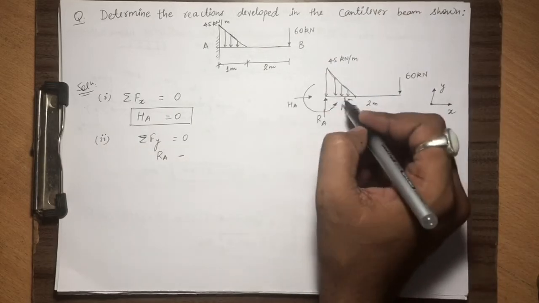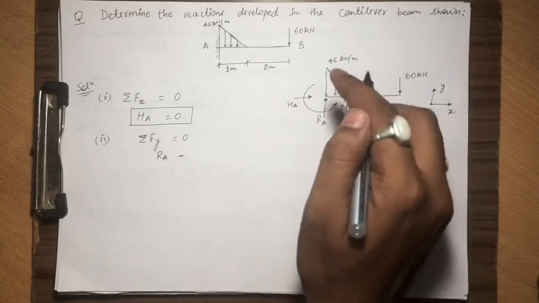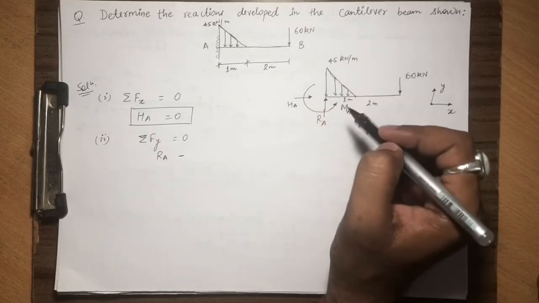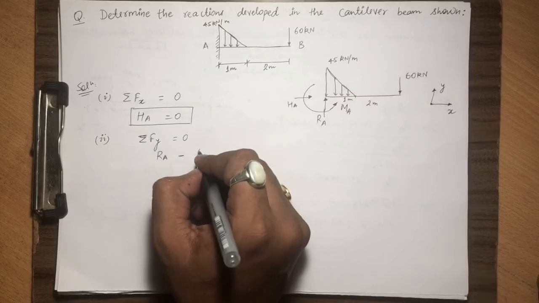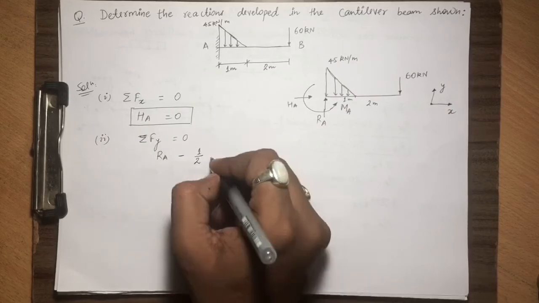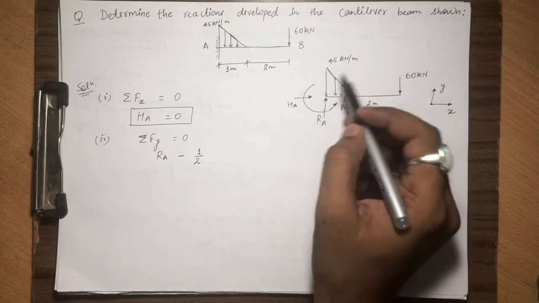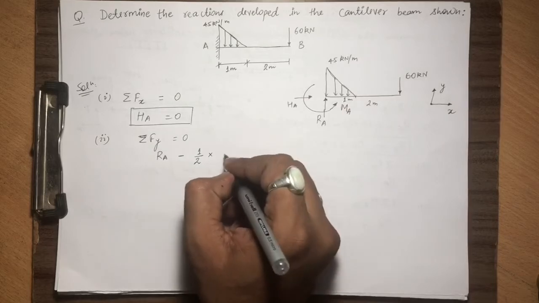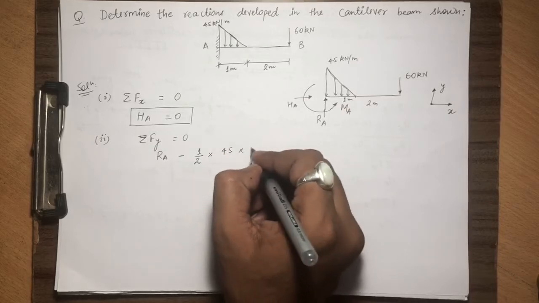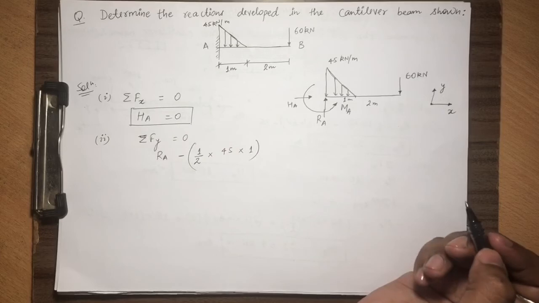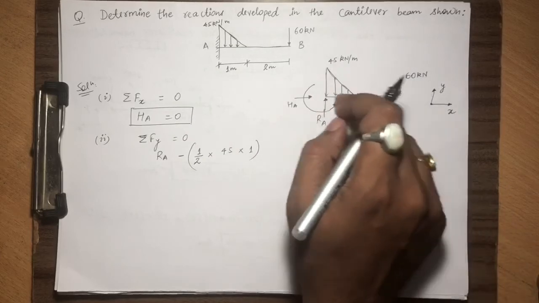So now what is the intensity of this load? This is a triangular area, so the total load acting under this UVL will be half multiplied by 45 into 1. This is the area of triangle.